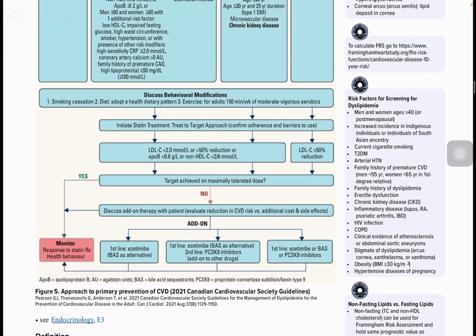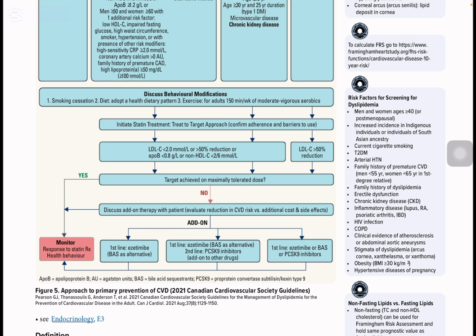Now, risk factors for screening dyslipidemia on the right side. Men and women aged more than 40 or postmenopausal, increased incidence in indigenous individuals or individuals of South Asian ancestry. These are the risk factors for screening dyslipidemia.